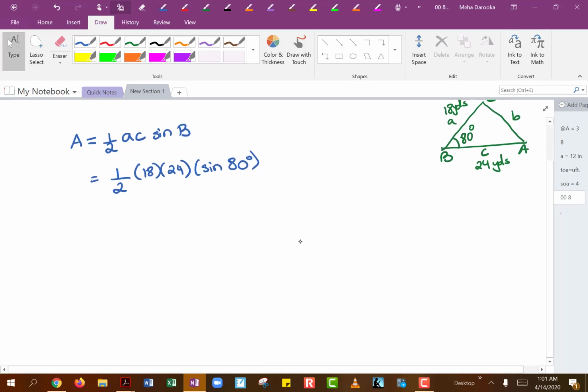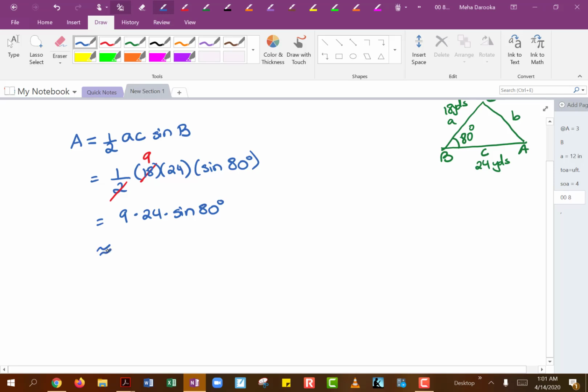Now, of course, you can just plug all of this in your calculator and go about solving it. Just to simplify, you can also get rid of that 2, which goes into 18 nine times, and you can clean it up like that. Or you could have also canceled it out with the 24, it wouldn't have mattered. And then you are just multiplying all of these values. Like I said, you can also leave it in the original form and still get the area this way.